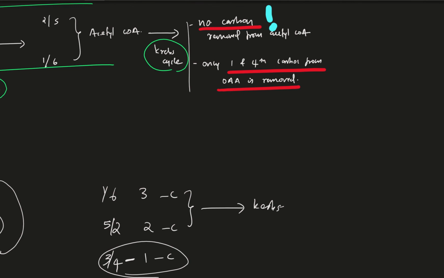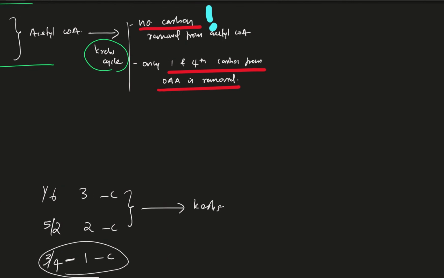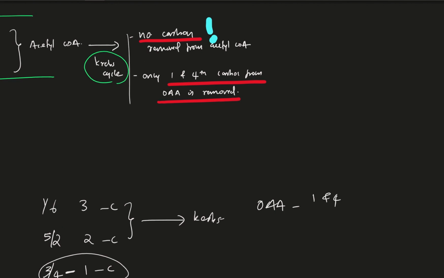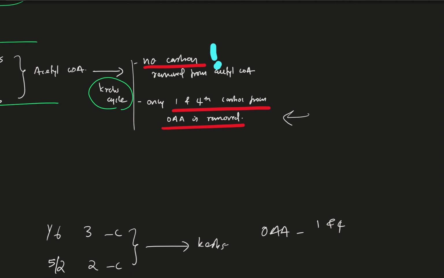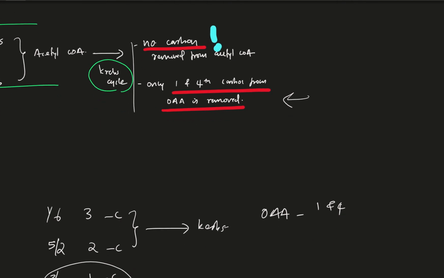In the Krebs cycle no carbon from glucose is removed, but the 2 carbon dioxide removed come from the oxaloacetic acid, the first and 4th carbon of oxaloacetic acid, and 2 carbons are added from this molecule also.